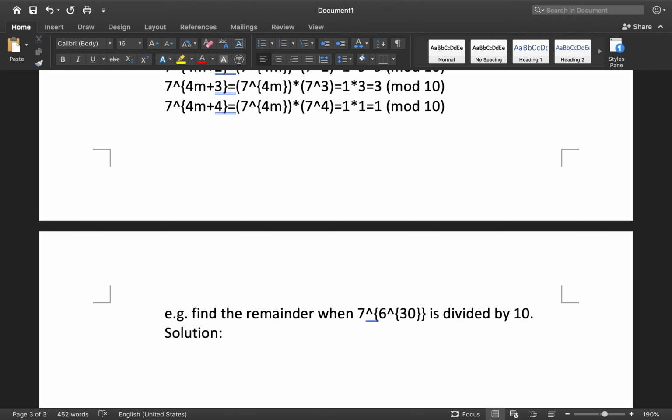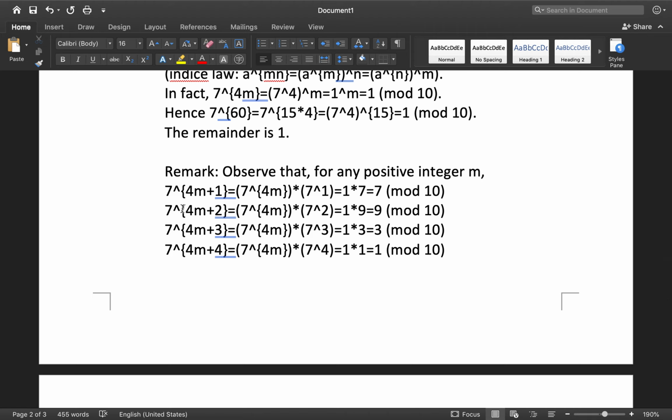From the previous example, or from the remark, we observed the pattern already. So 7 to some power 4n plus 1, 4n plus 2, 4n plus 3, 4n plus 4, and so on, we all have the congruence relation.